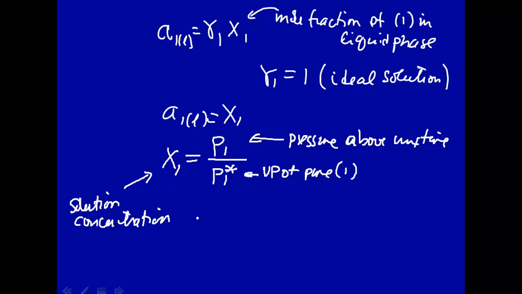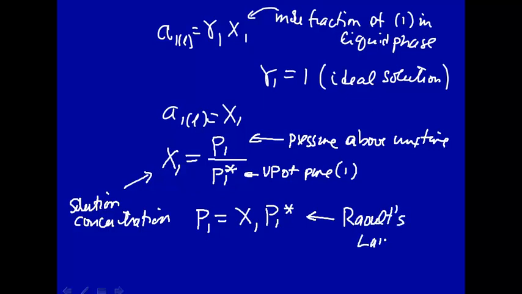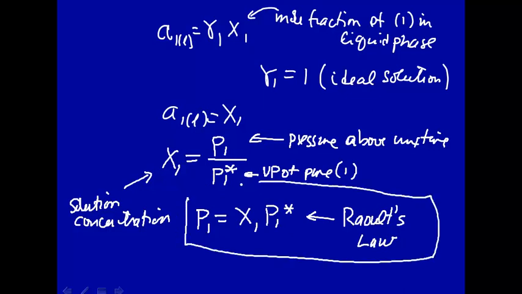Or another way to write that is that the pressure above a solution is equal to the mole fraction in the liquid, not above, in the solution, times the vapor pressure of the pure substance. This is known as Raoult's law. And usually that is just given to you in introductory chemistry, but here we derived it using the fact that we had phase equilibrium. Well, that's kind of neat.